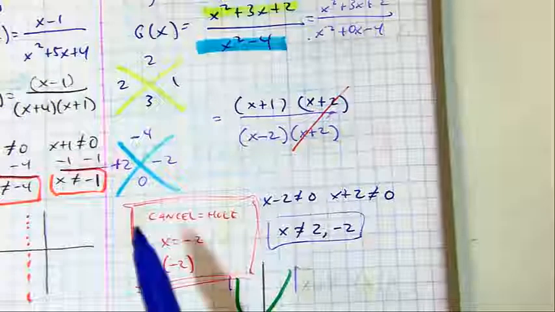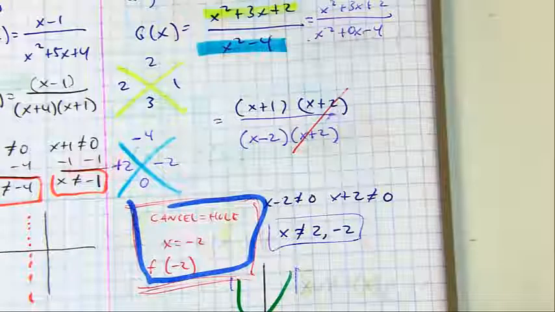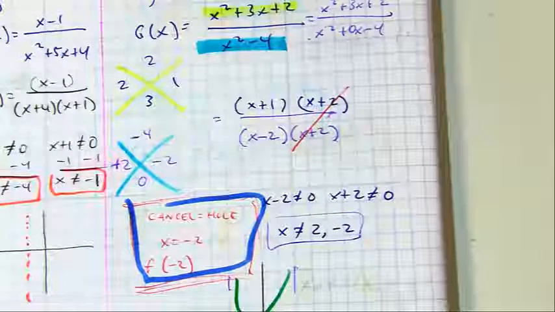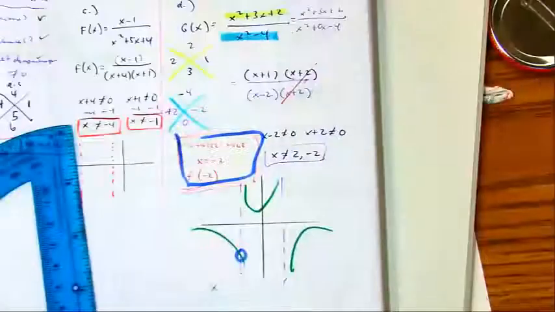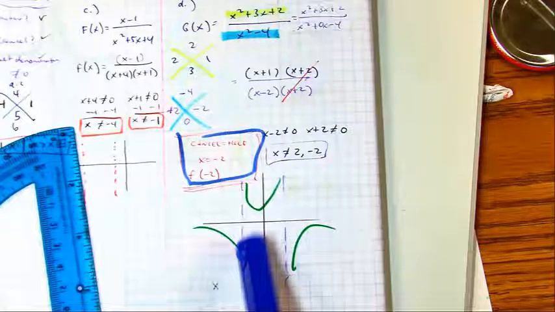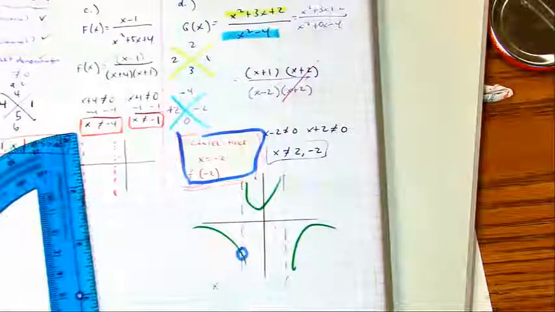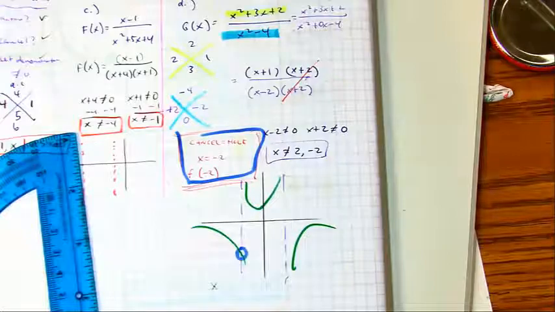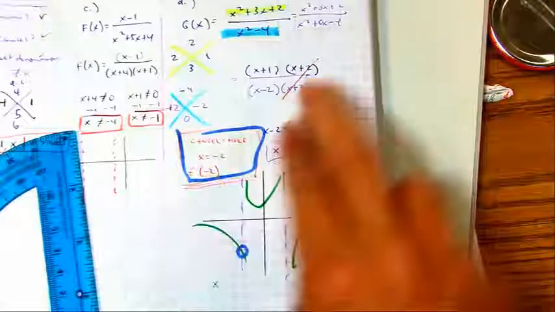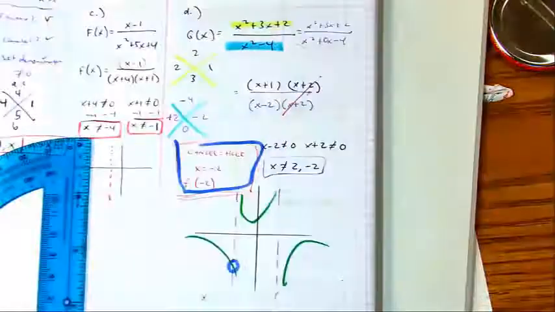Then the hole is at -2. It's going to be like this. Oh, you can't see it? The hole, probably not very accurate, is going to be where x equals -2, and you're just going to put the donut hole there. Does that make sense? But just be cautious when you cancel. Don't think just one of those, set both of those. There's your vertical asymptotes. Okay?